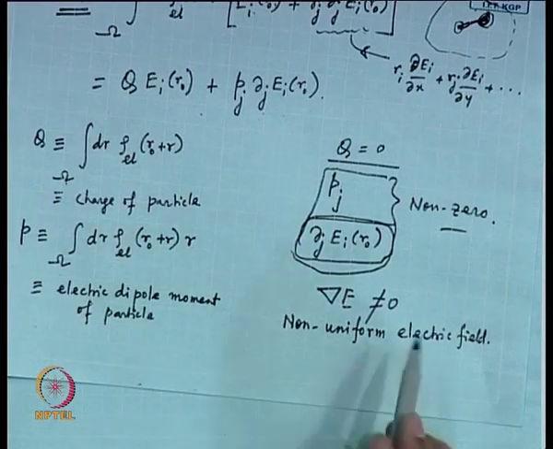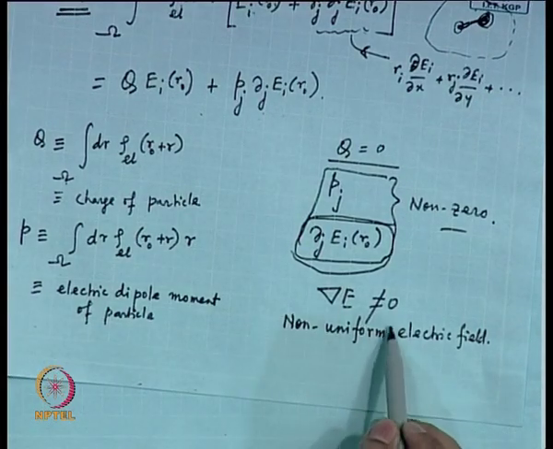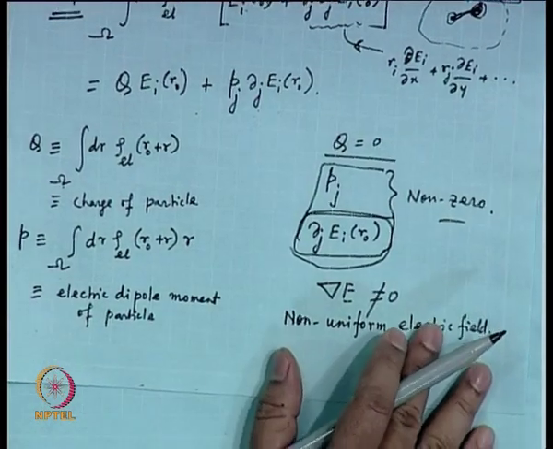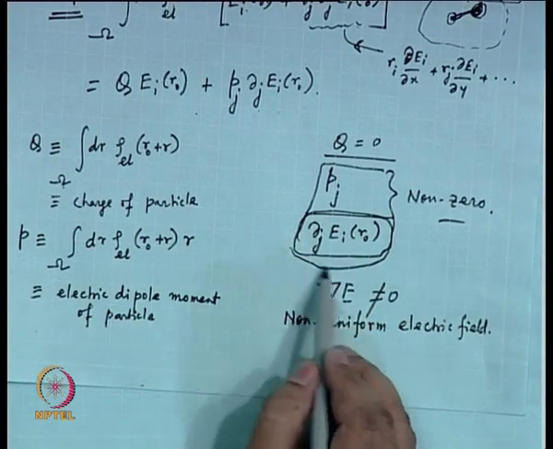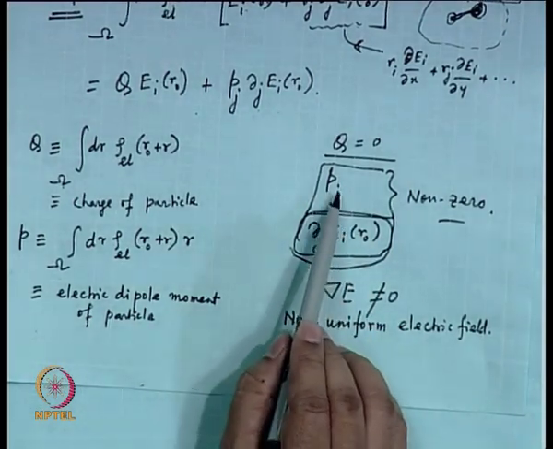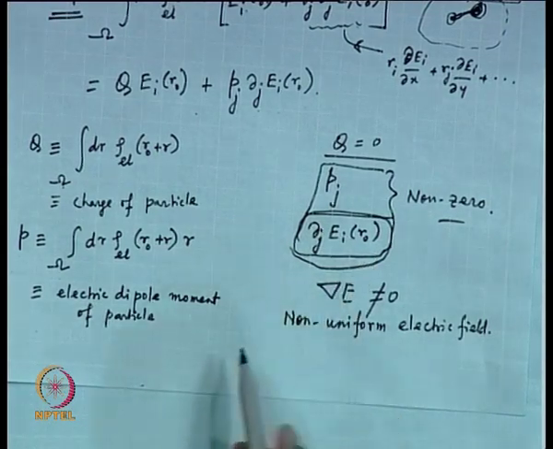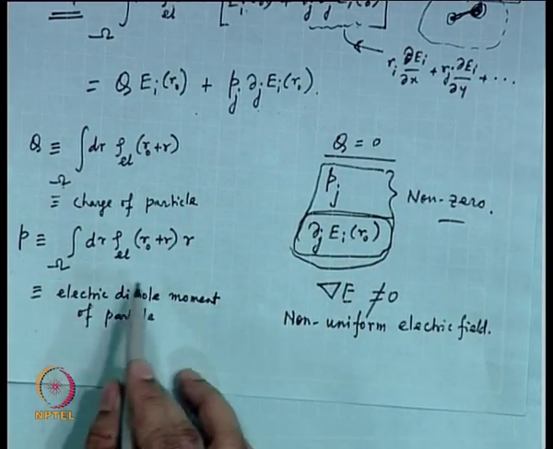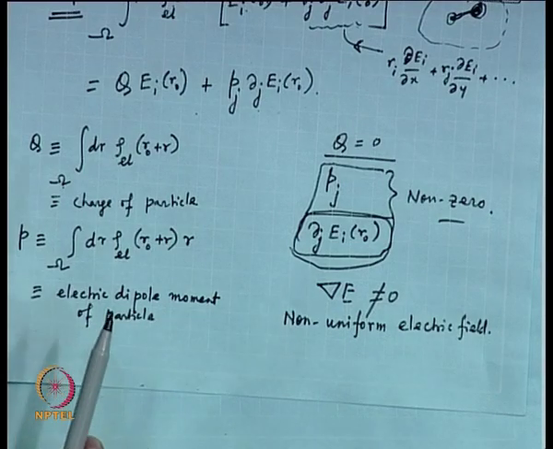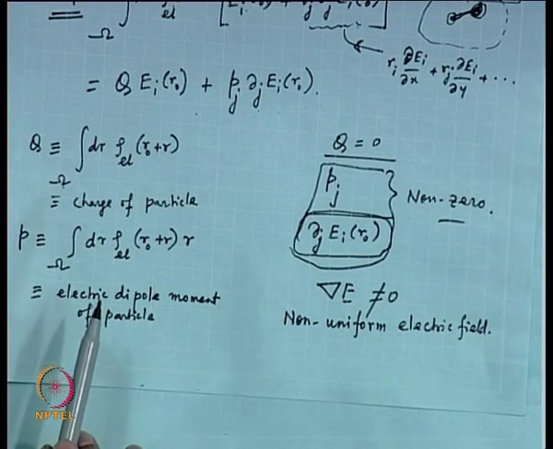All right. So, first of all, that is how you ensure that this del E is non-zero. That means this term is non-zero, and then this P j term has to be non-zero. P j is the electric dipole moment of the particle, and this term also has to be non-zero.